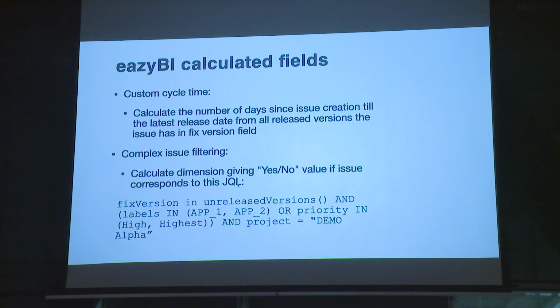My previous example, when I calculated it by formula, is maybe not the most useful one. This one is maybe much more useful, when I can calculate a dimension giving yes, no, if the issue corresponds to my JQL. So I put it as a page filter, and all my reports are filtered automatically by my JQL.